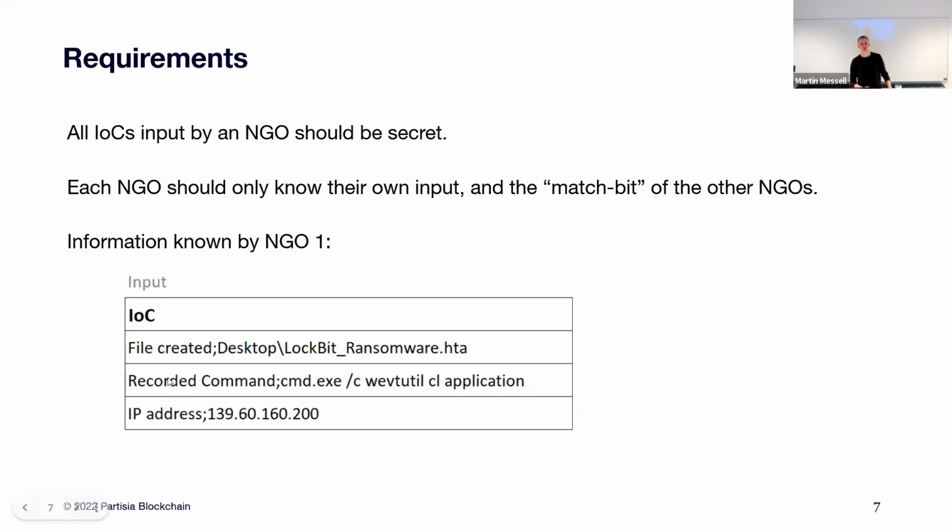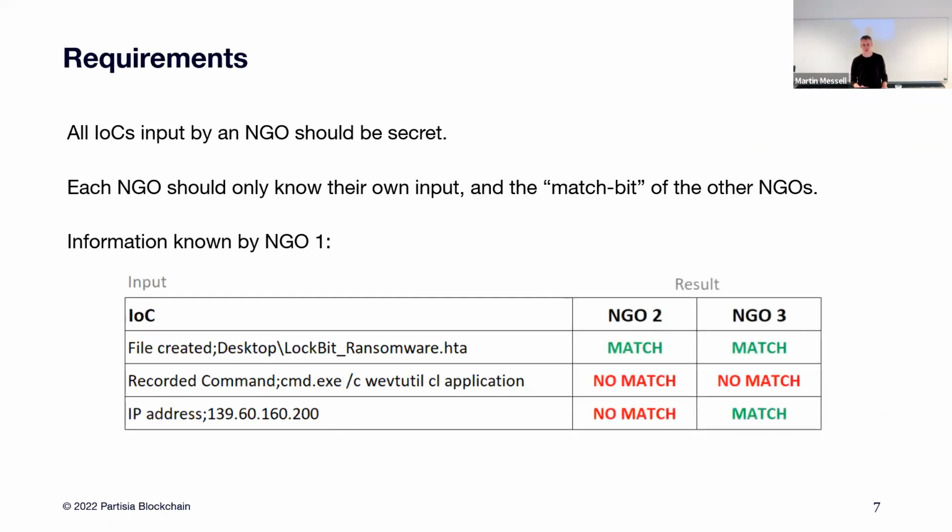This is the only information that is known by NGO 1, where a file has been created at this location with this name, they've recorded this command, and there has been communication with this IP address. These IOCs are input to the computation, which will then result in match or no match for the other NGOs.